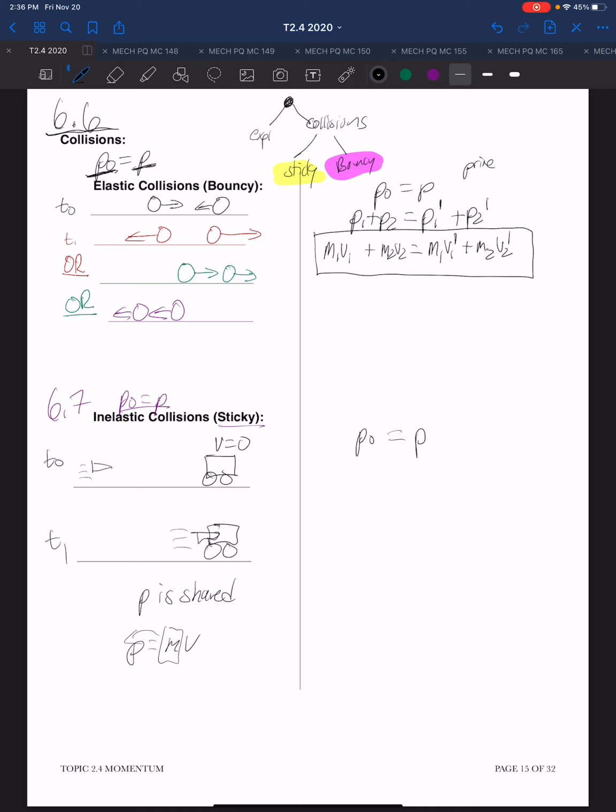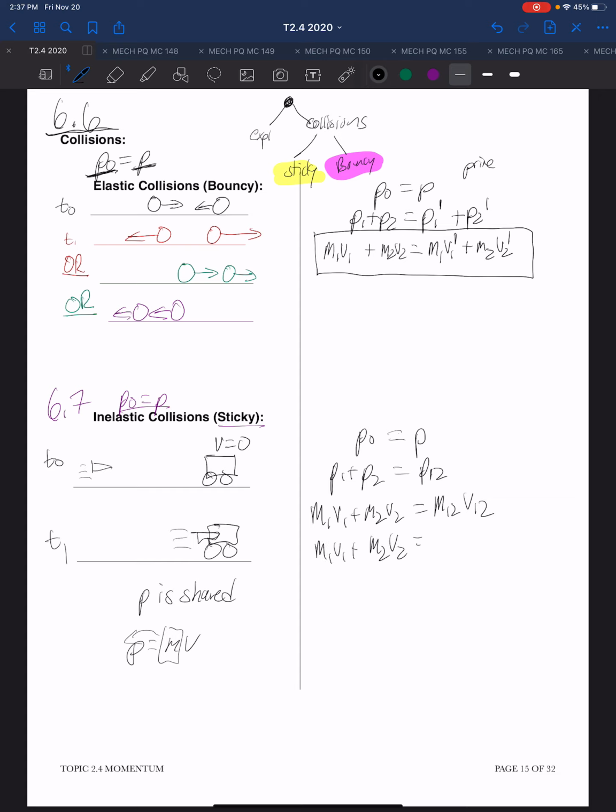We got our initial equals final, and beforehand we have two particles. And afterward we have one particle, and that's what's changed here. What makes this unique is we have one particle. They've stuck together. So we now have this particle 1, 2, which is the sum of the other two. So we get m1 v1 plus m2 v2, and this is going to be m12 v12.